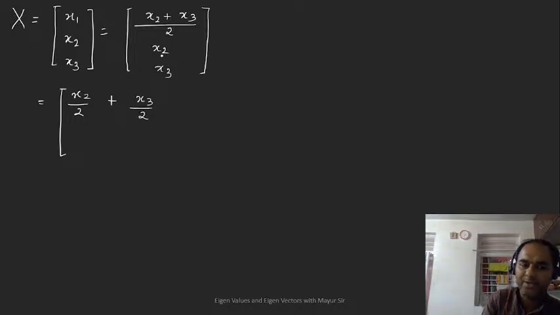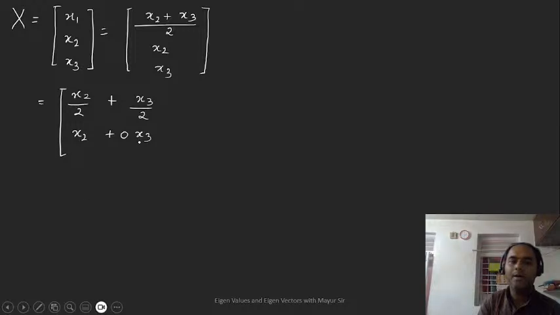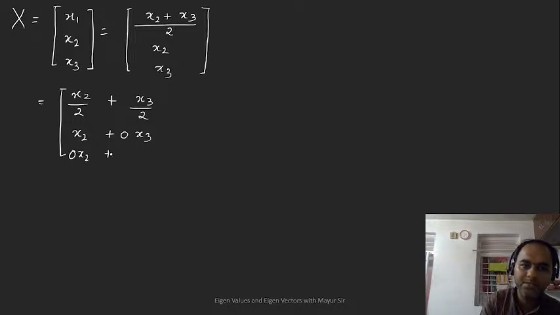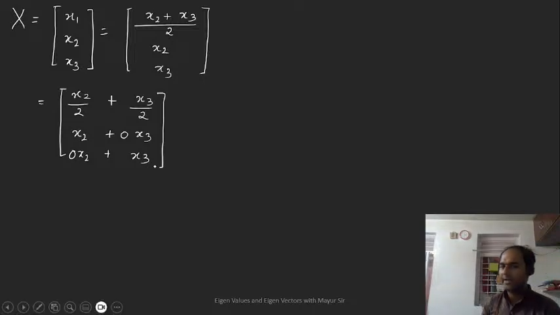This x2 that you see, I can write as x2 plus 0x3, and the x3 that you see can be written as 0x2 plus x3. Correct?